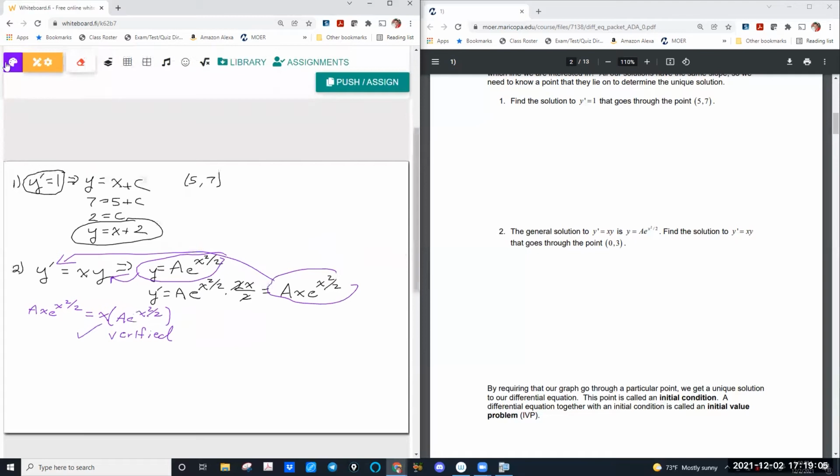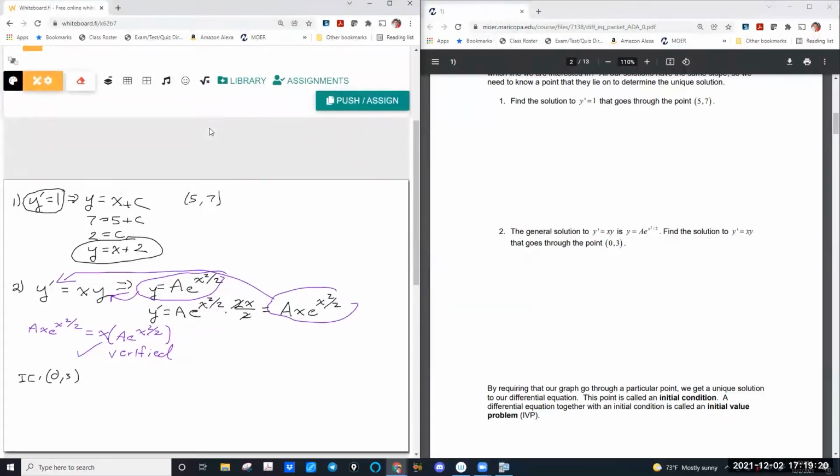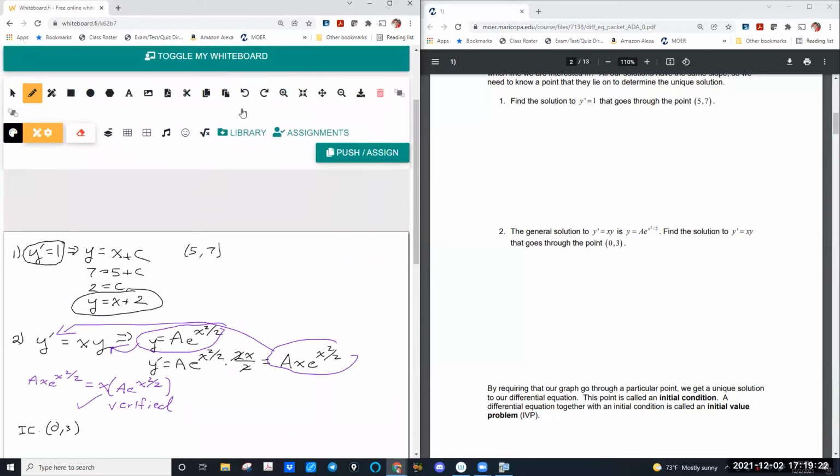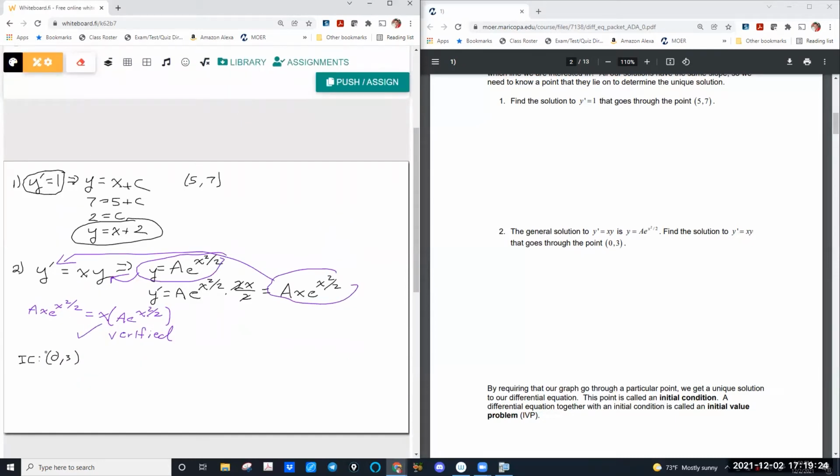And then if we wanted to involve the initial condition, well, we got the initial condition 0, 3. That means when x is 0, y is 3.